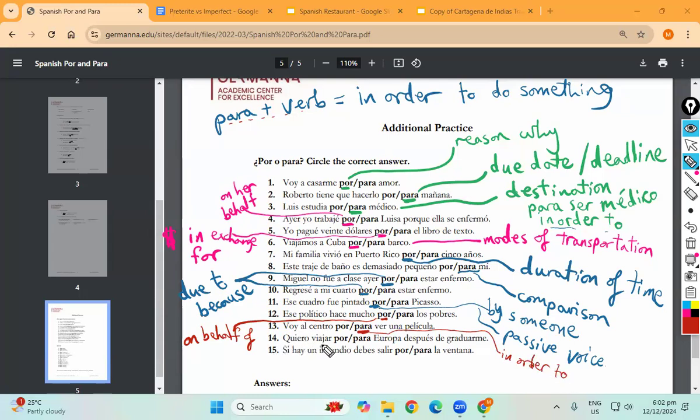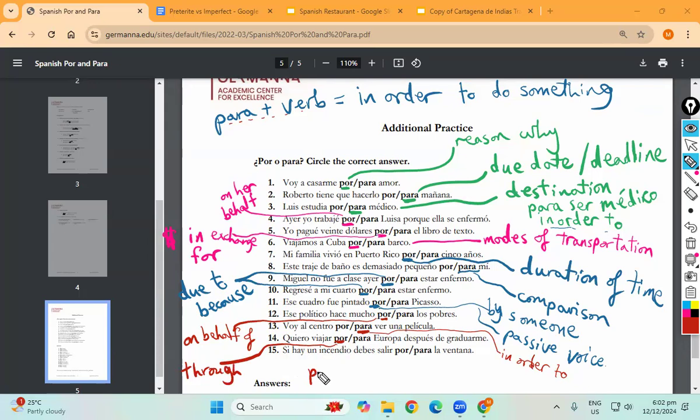All right. Quiero viajar por o para Europa después de graduarme. So where do I want to travel? To Europe. Is that my destination? Or is it through Europe? Most likely the sentence means through, right? Now, if I meant to Europe, I would say para. Right?